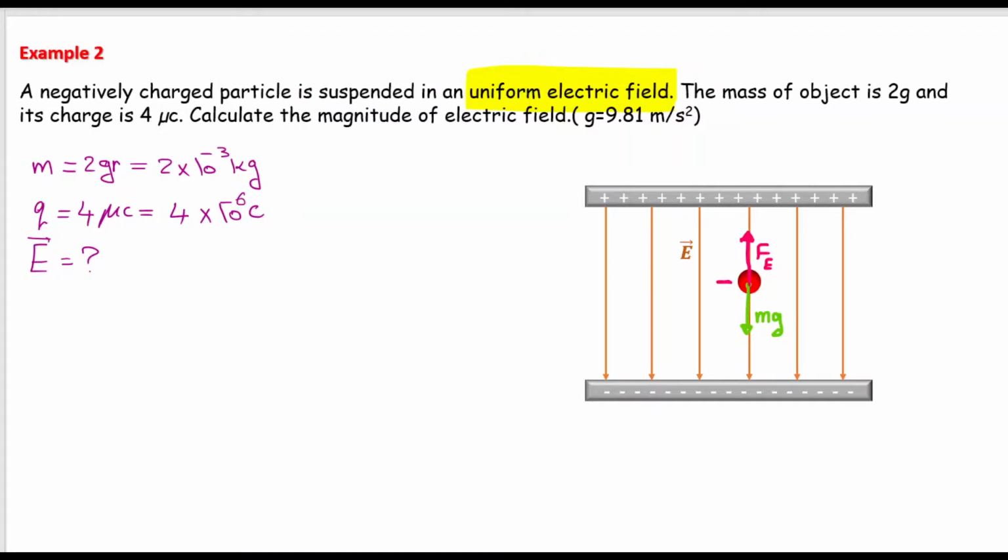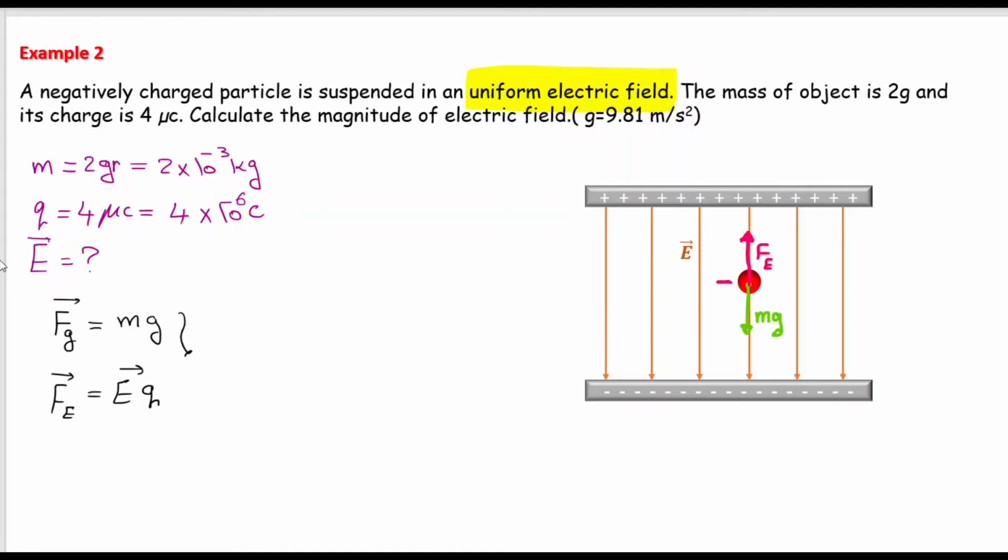When I say it is suspended, it means these two forces are canceling out each other. So I can write that the two forces that I have are the force of gravity, that is mg, and the electrostatic force, that is EQ, correct?